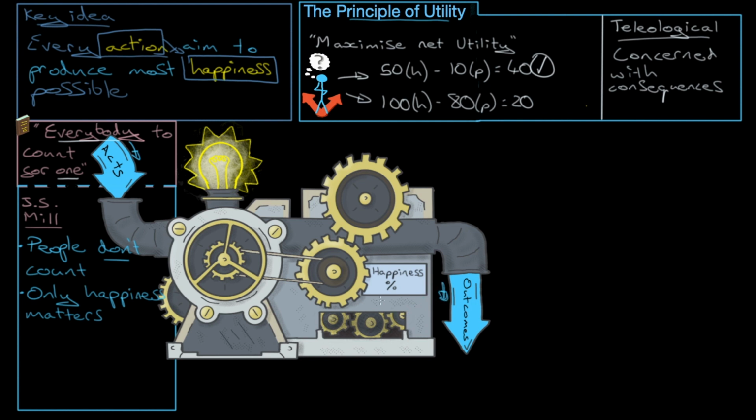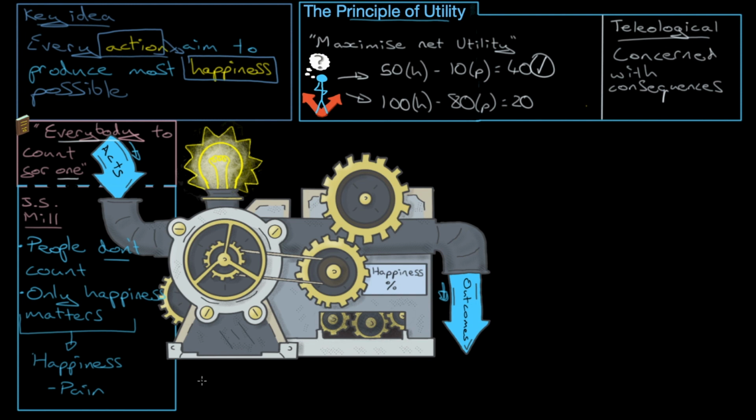We judge it based upon the amount of happiness that is achieved. You, as a person, are merely a cog in the machine of happiness producing. So happiness is it, and that is just happiness minus pain.